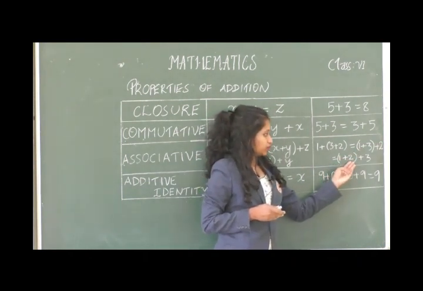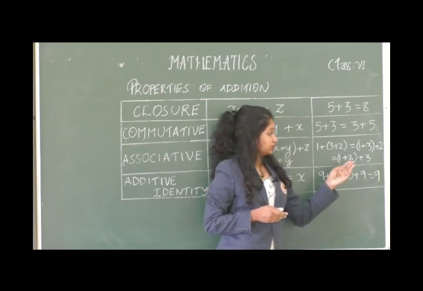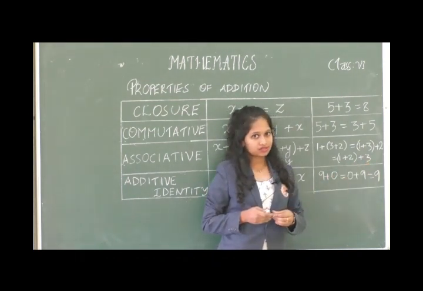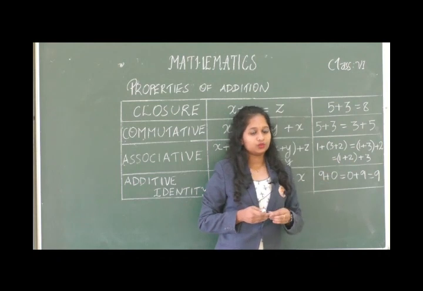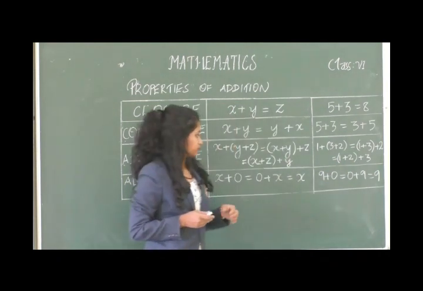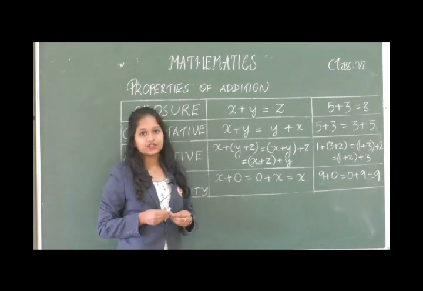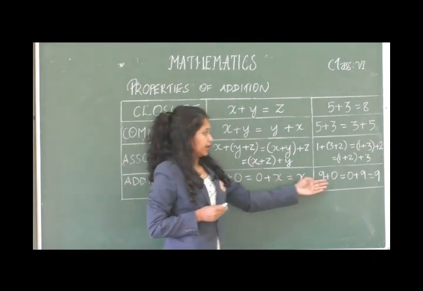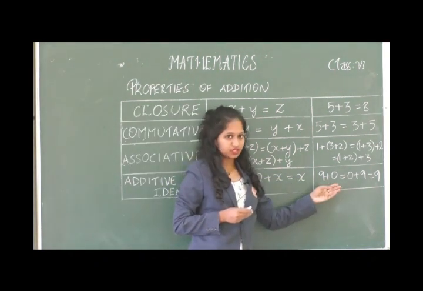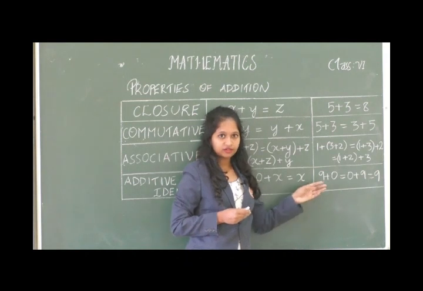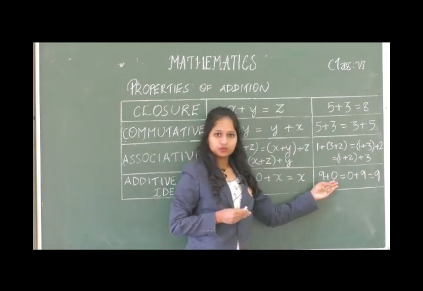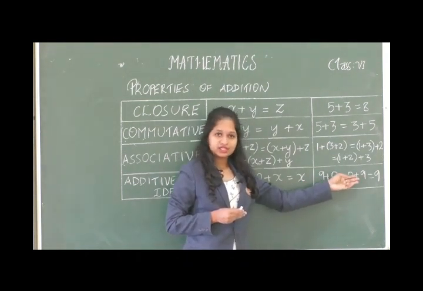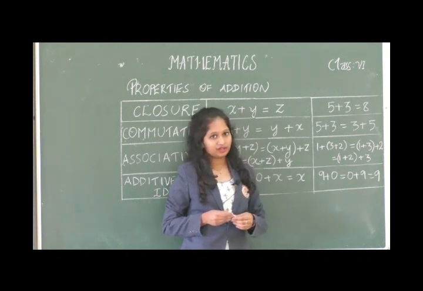Next, add 1 and 2, you get 3. 3 plus 3 is 6. So all the values are same. Now at last, additive identity. You add 0 to a number. Here I have given 9. So 9 plus 0 is 9 and 0 plus 9 is also 9.